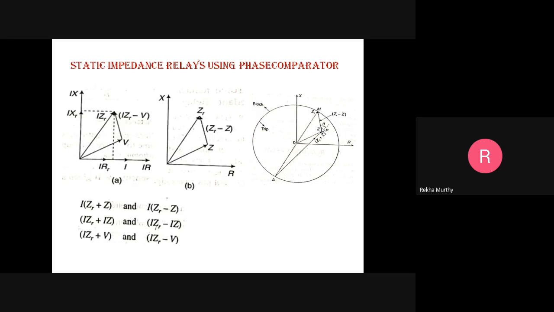Now next, how are you going to realize this impedance relay by using a microprocessor? In the microprocessor based relay, we are going to compare two parameters, that is IRMS and VRMS. There are a number of techniques which can be used for this type of computation.